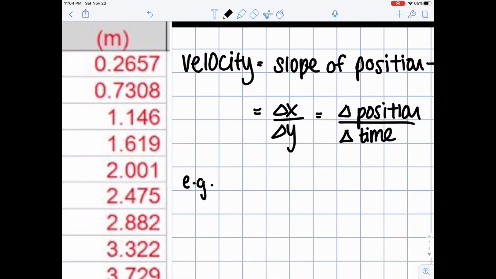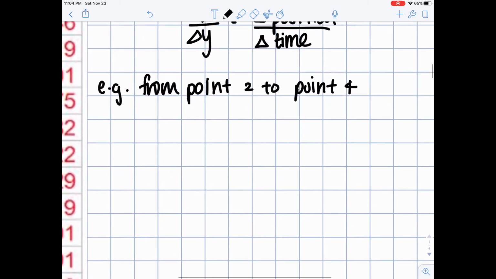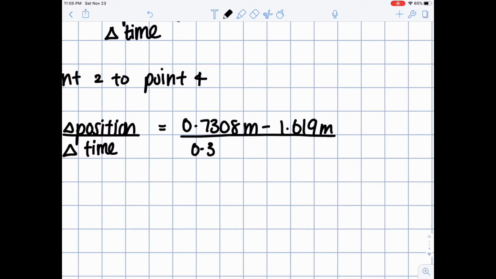For this example calculation, we will be going from point 2 to point 4. Therefore, the velocity is equal to 0.7308 meters minus 1.619 meters over 0.300 seconds minus 0.9760 seconds.